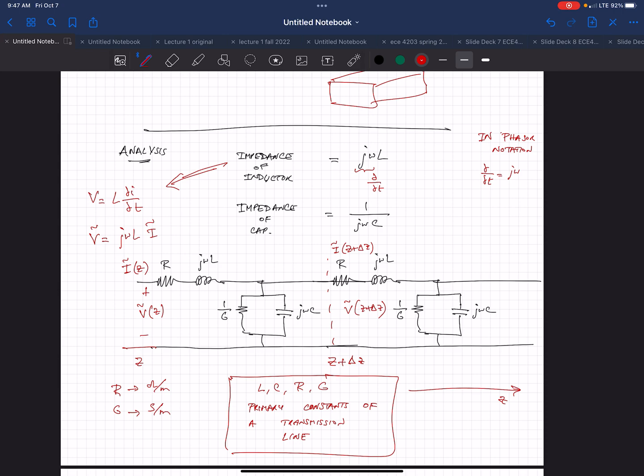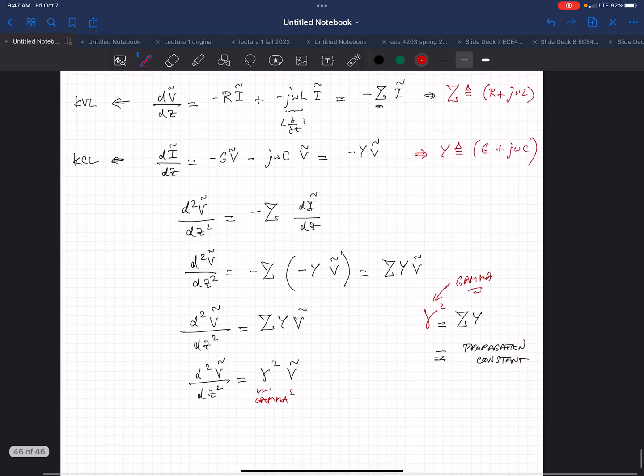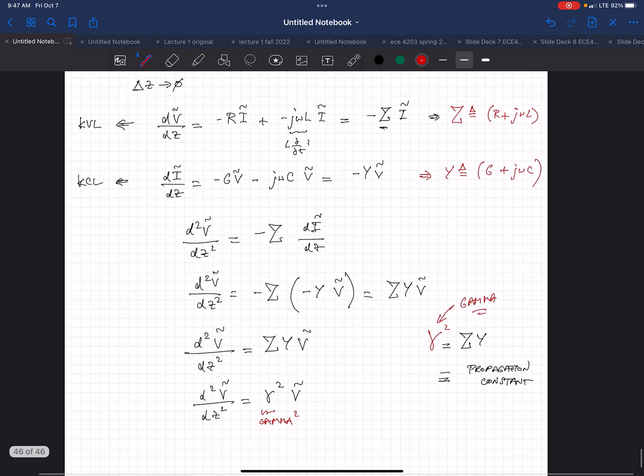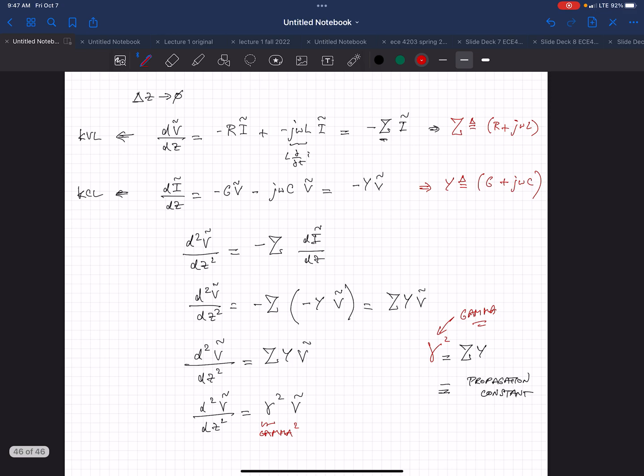Yeah, Jasmine. Could you say that dV over dZ is equal to negative ZI, and dI over dZ is equal to negative YV?